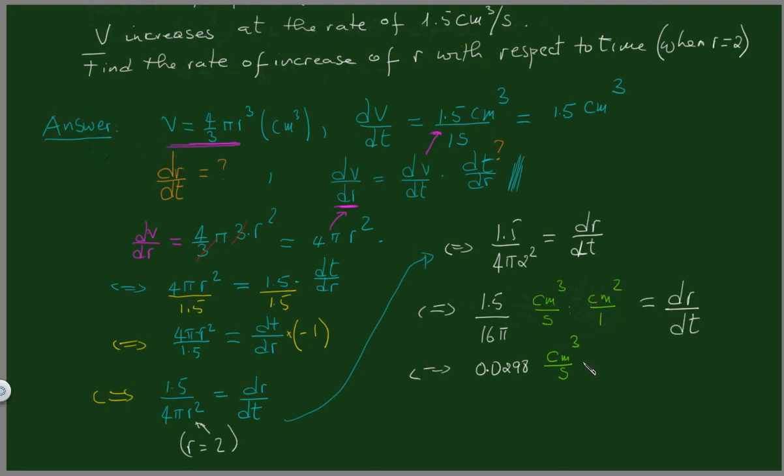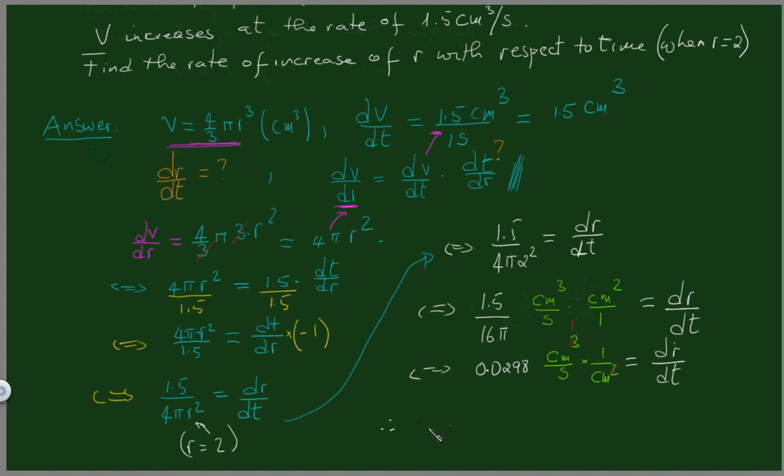So it's times 1 divided by centimeter squared, and that equals dr with respect to t. Now for the units, the powers cancel and there remains 1 here. So we will have our final result looking like this.